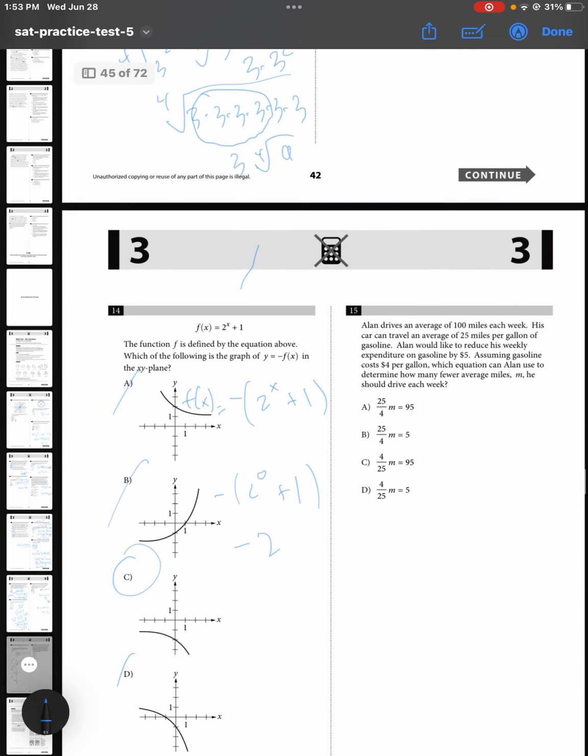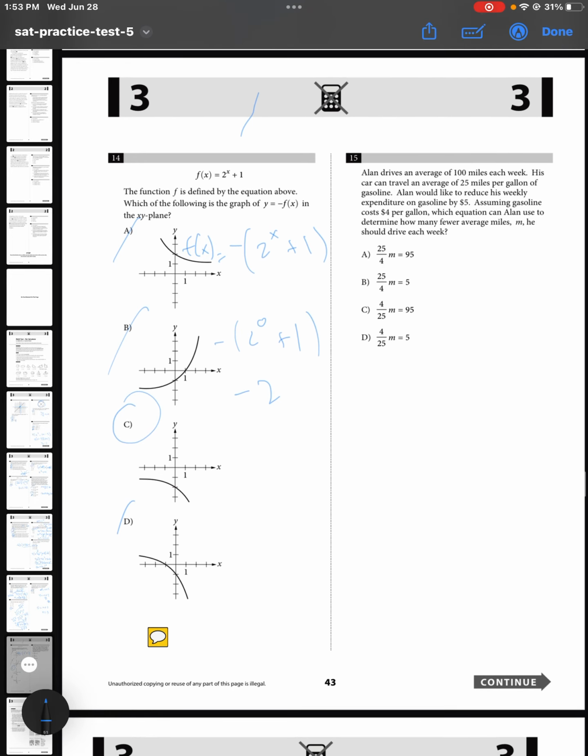Oh wait, we have 25 minutes for this? Yeah. Alan drives an average of 1 mile per hour.